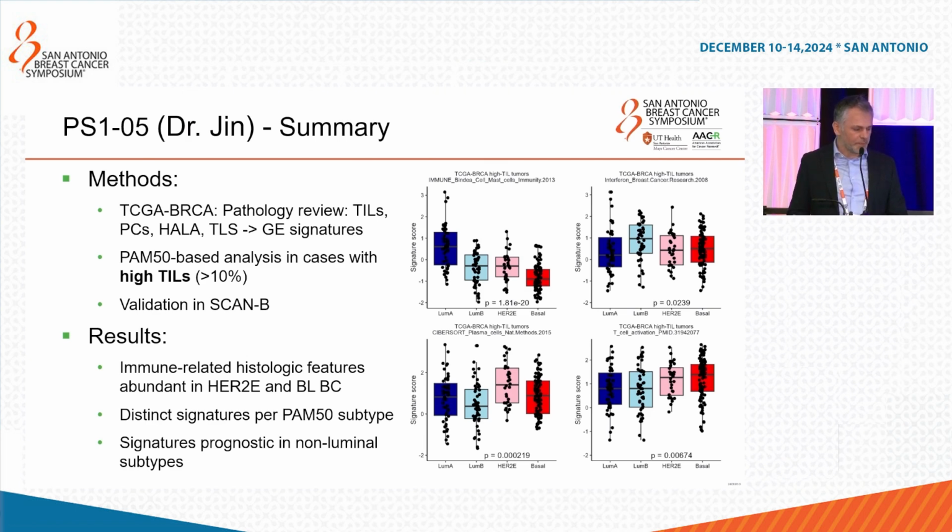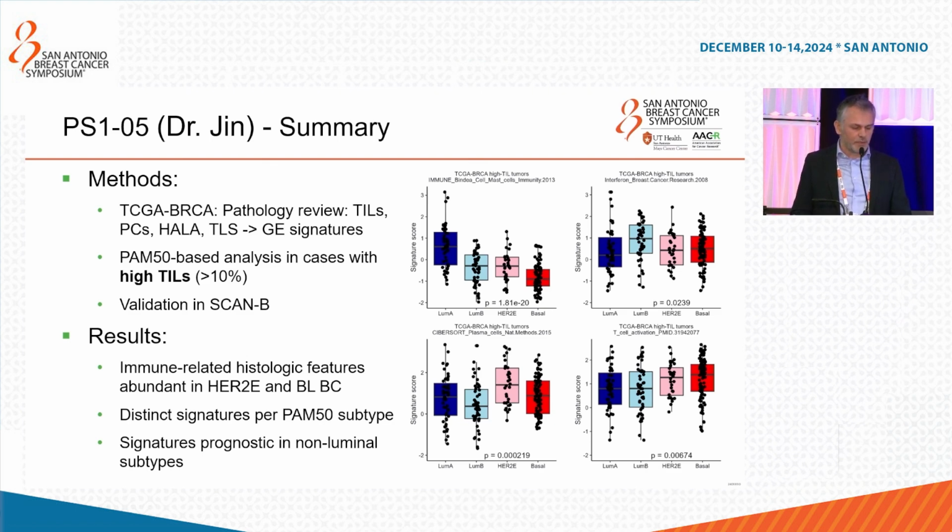The results show that the immune-related histologic features are abundant in HER2-enriched and basal-like PAM50-based subtypes, as expected, and they also showed that there were distinct signatures in the different PAM50 subtypes, as you see here in the right panel, where the luminal A tumors were associated with mast cells signature.